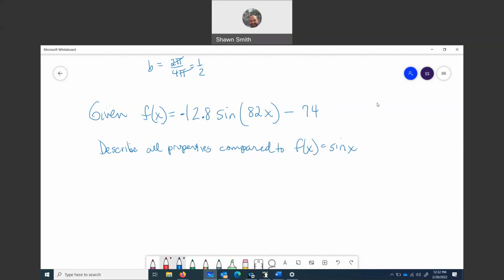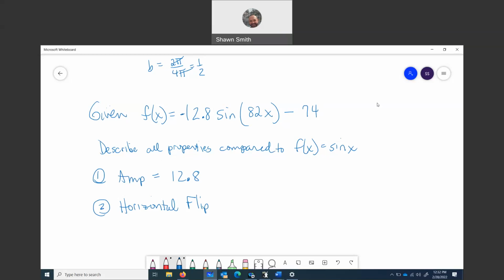Okay. So we'll list everything out. Number one, the amplitude is equal to 12.8. Not negative, the amplitude is always positive. Take the absolute value of that. Number two, we have a horizontal flip. Now it doesn't have to be all in this order, right? Where it occurs, I'm not too concerned about that just now. We'll figure those out later. I don't need the equation of a horizontal line, but it just flips.